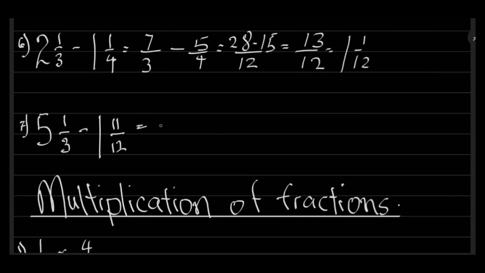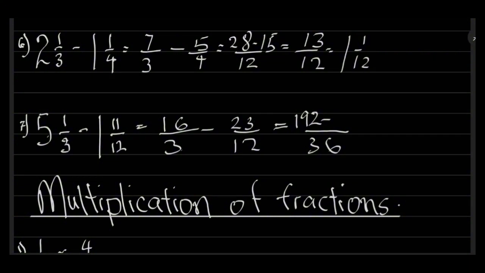Same for number 7. This would give us 3 times 5 plus 1, which would be 16. 3 times 5 is 15 plus 1 is 16, all over 3. Minus 12 times 1 is 12 plus 11 would give us 23 all over 12. Now 3 times 12 would give us 36. 16 times 12, 192.